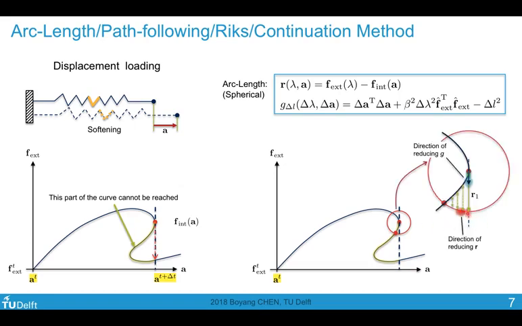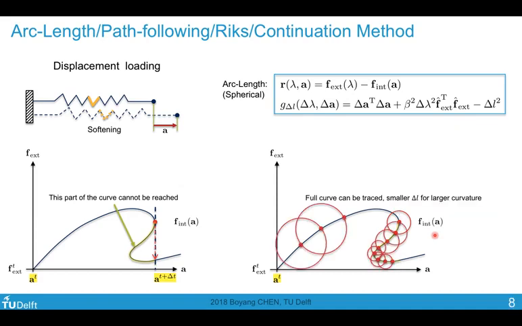So you can see that if we have a point here at the limit snap back point, our augmented tangent stiffness matrix will move our estimated solution towards a direction of reducing residue, and gradually we will find our way there. This is the reason why ArcLength method is able to overcome the limitations of Newton-Raphson in the case of both snap through or limit point and snap back behaviors.